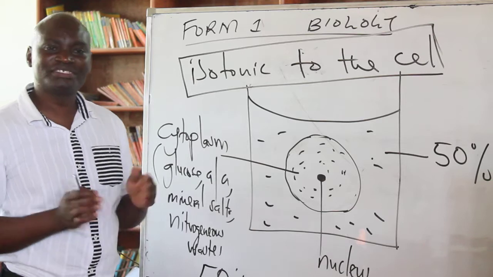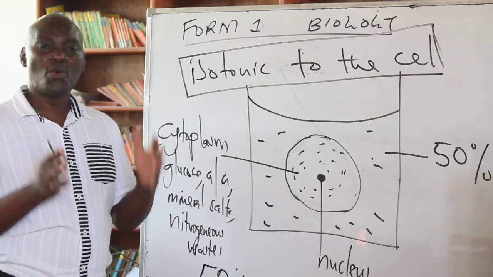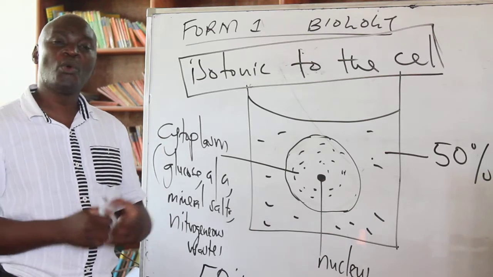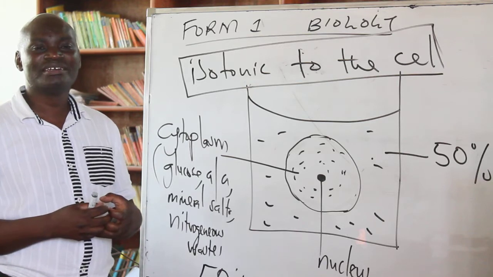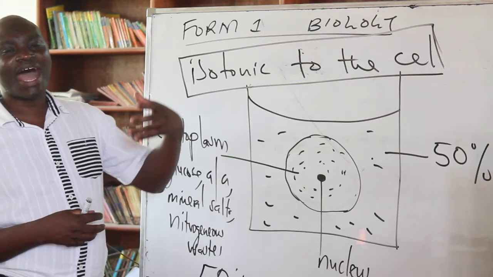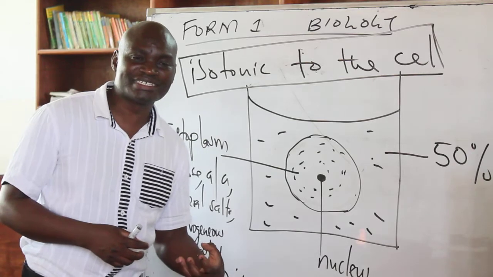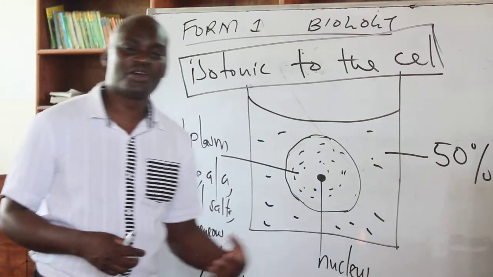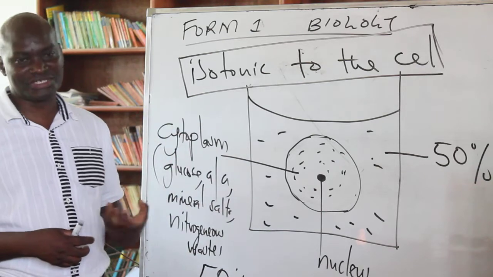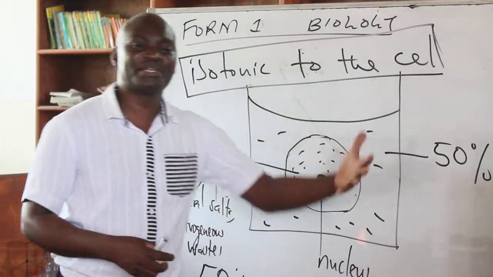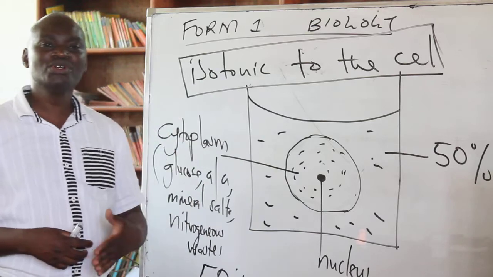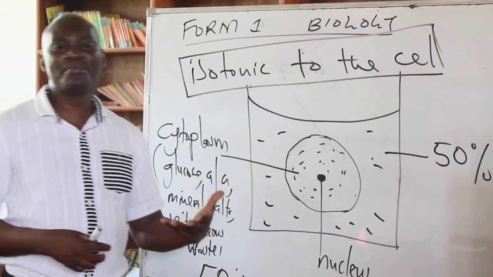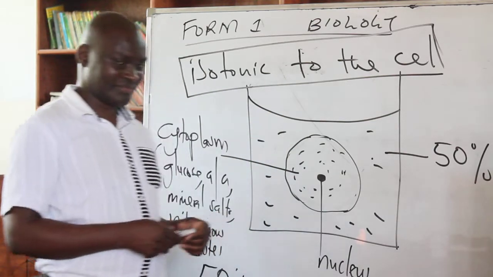And last time we said that in osmosis, water molecules move from a solution of low concentration to a solution of high concentration, from a hypotonic solution to a hypertonic solution, through a semi-permeable membrane.